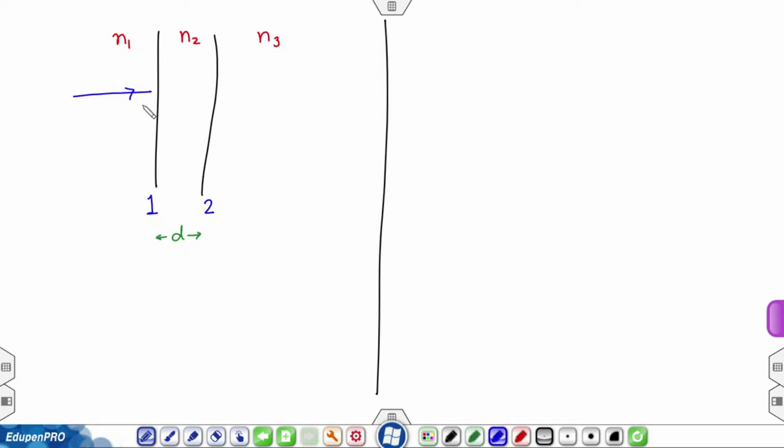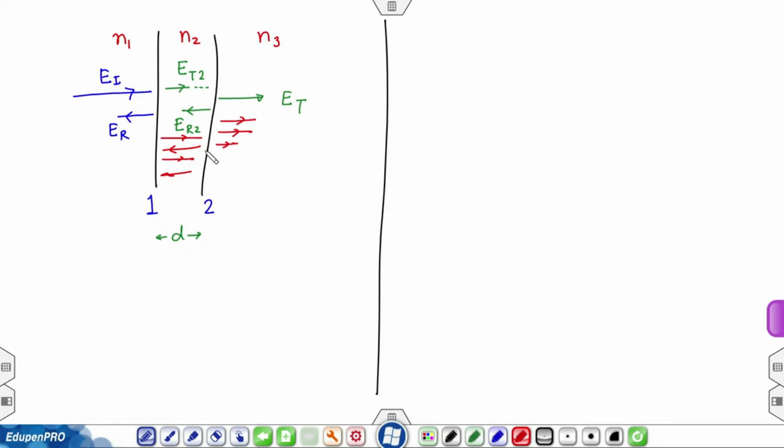As light hits the first medium, it will get reflected. So, there is an EI coming in, and there will be some ER, and part will be transmitted. So, let us say this is E transmitted in medium 2. As it hits the other surface, part will be reflected, let us say ER2, and some part will be transmitted, let us call it ET. And this will happen again and again and again, it will keep happening.